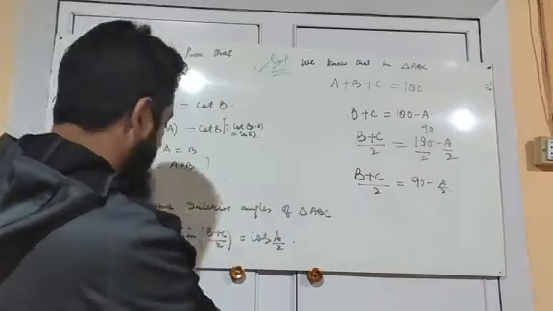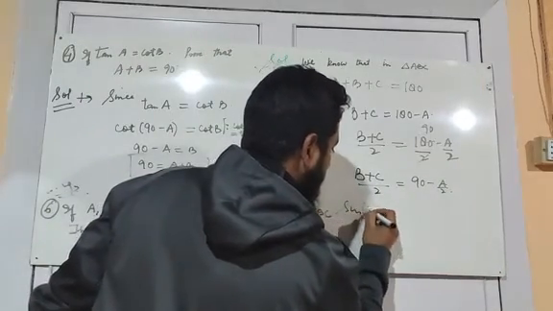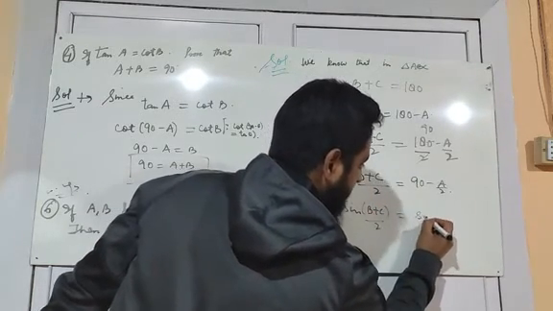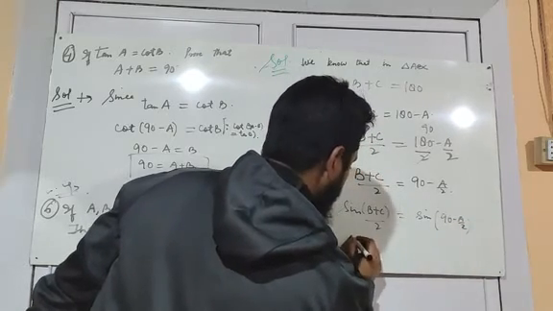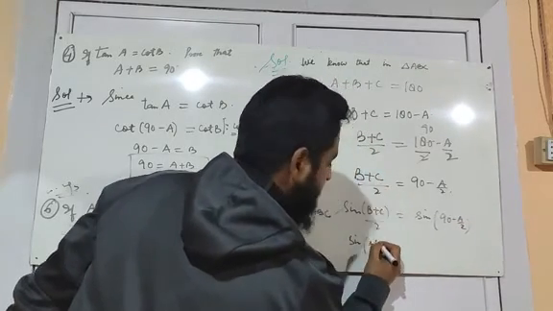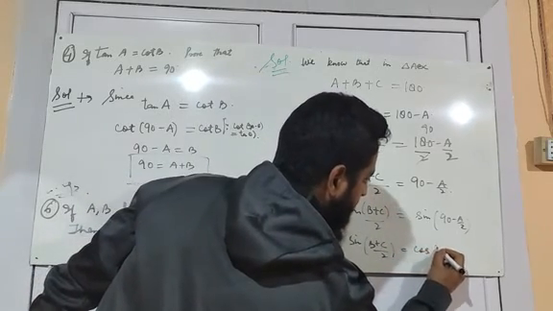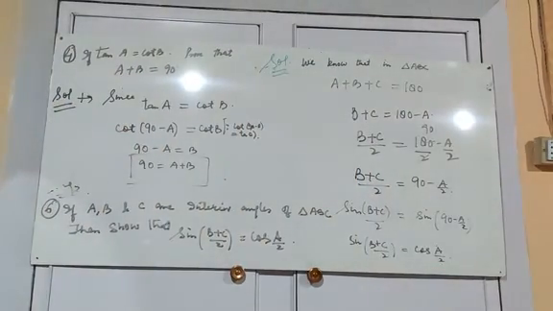After that, what we need, a sine. Apply sine both sides. Sine of B plus C by 2 is equal to sine of 90 minus A by 2. Sine of B plus C by 2, it is same, and sine of 90 minus theta, it is cos of theta. And after that, you have one question.